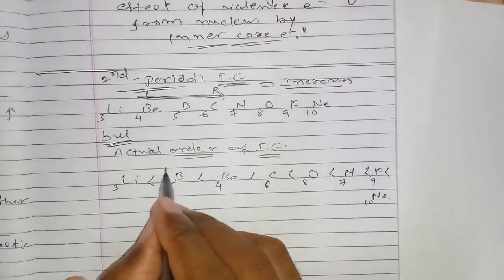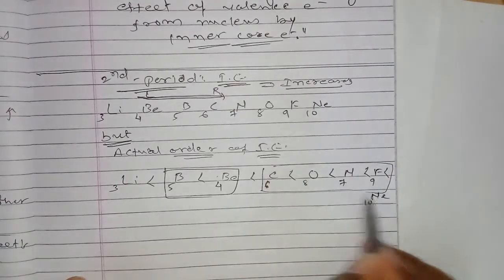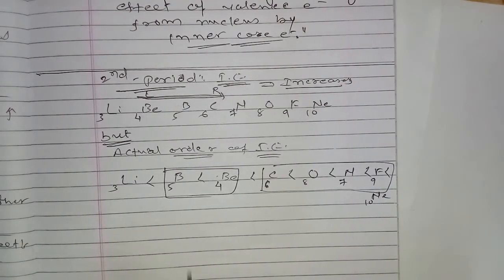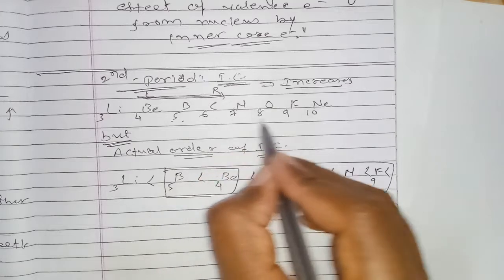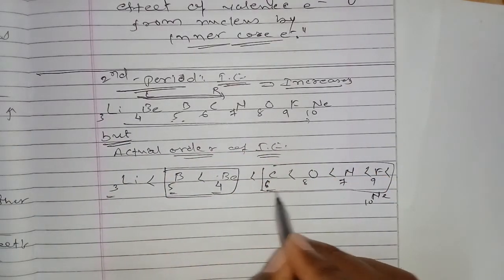So here the trend is different. 3, 4, 5, 6, 7, 8, 9, 10, but here the trend is different.